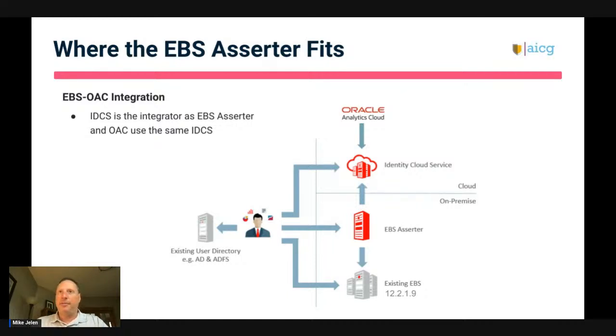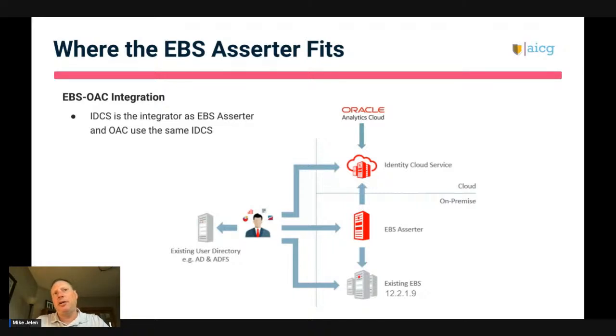I trust Mike. Mike is authorized to use EBS or OAC or other applications that are running within your Oracle Cloud infrastructure. All at the same time, you're leveraging your existing Active Directory that you have implemented.